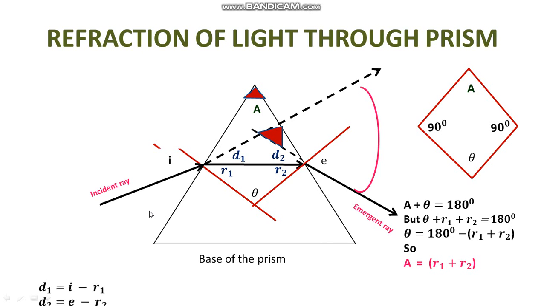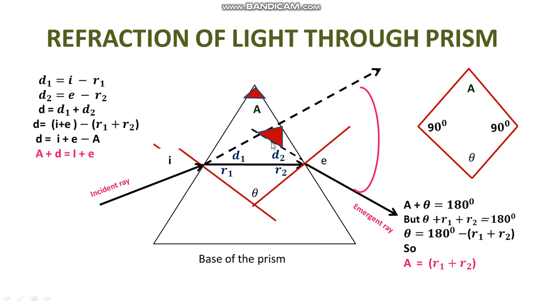So deviation is what? See, this is the deviation. In a triangle, the exterior angle is equal to the sum of interior opposite angles, so that we can also use. Or otherwise, the total deviation is because of deviation on the first surface and deviation on the second surface.